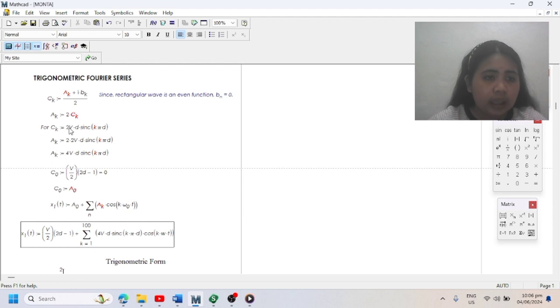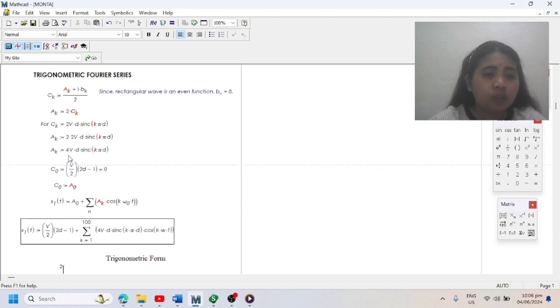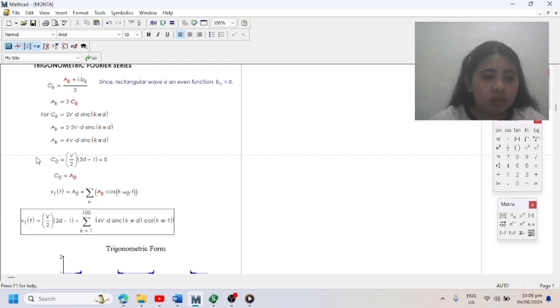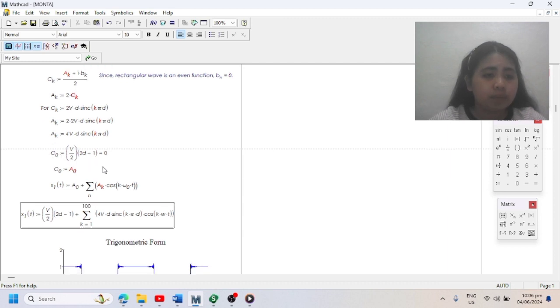So since Ak is equal to 2 times Ck, we'll substitute the value of the Ck. So now the Ak is equal to 4V times d sinc k pi d. And we have the result for the C naught, which is equal to V over 2 times 2d minus 1.